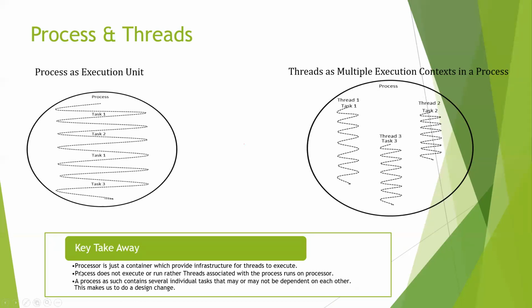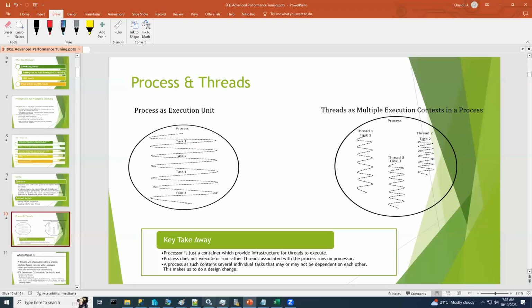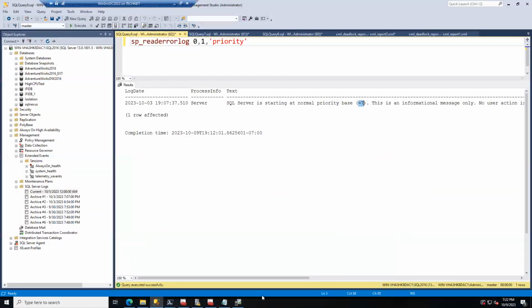Key takeaway: a processor is just a container. A process is the application we install on the Windows operating system, whereas the processor we call a CPU, the physical CPU. Let's say I have 4 CPUs; we call it a 4 processor machine.